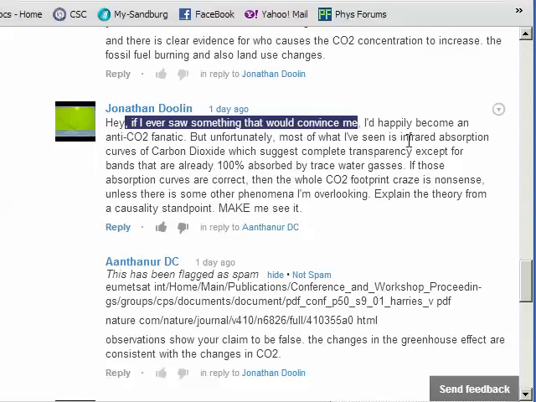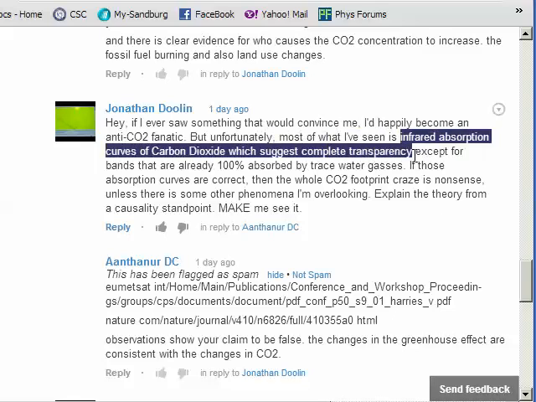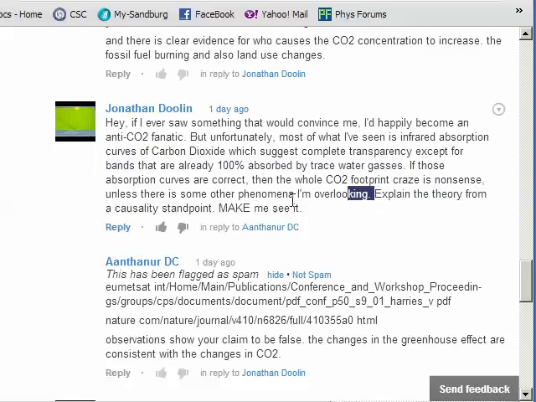Unfortunately, most of what I've seen is infrared absorption curves of carbon dioxide, which suggest complete transparency, except for bands that are already 100% absorbed by trace water gases. If those absorption curves are correct, then the whole carbon dioxide footprint craze is nonsense, unless there is some other phenomenon I'm overlooking. So explain the theory from a causality standpoint and make me see it.